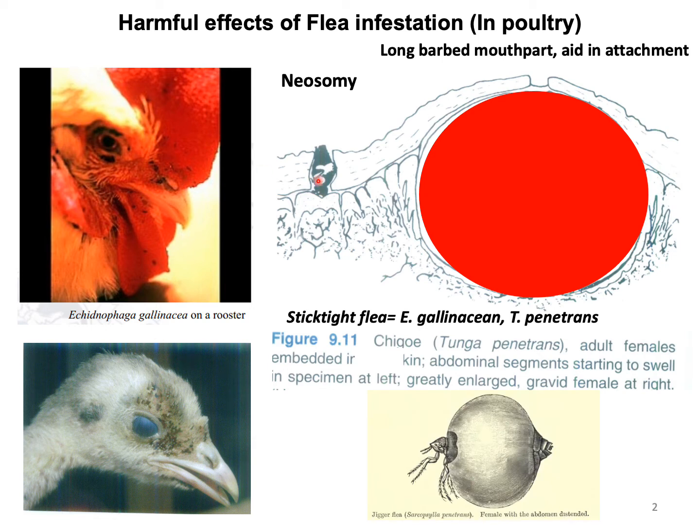This Echidnophaga gallinacea is very important for poultry because this flea can burrow into the skin and produce a nodular lesion followed by swelling and ulceration at the site of attachment. This flea will also suck an enormous amount of blood. As a result, there will be anemia. So due to the local nodule formation as well as blood sucking activity, the young birds can be killed.